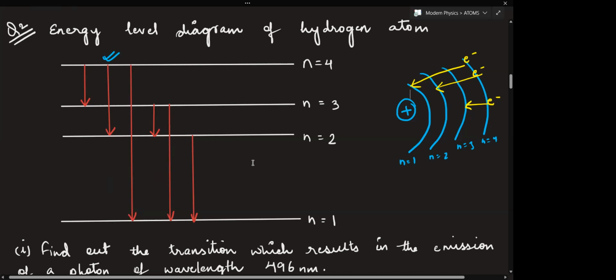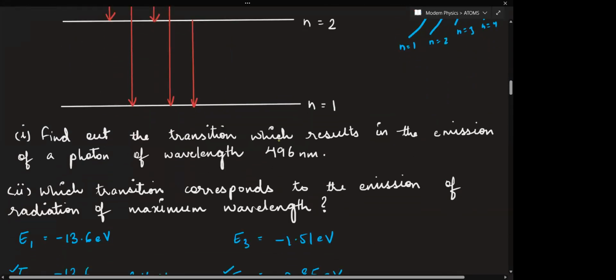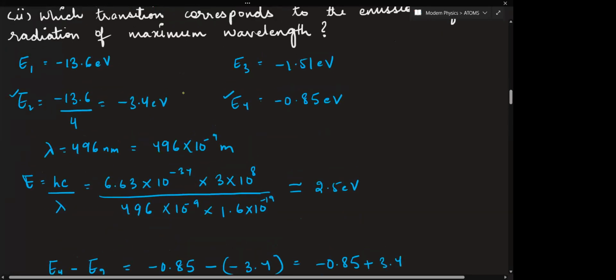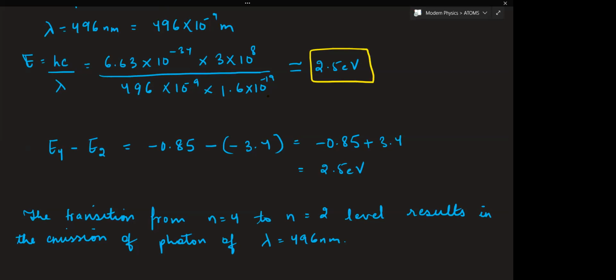Now see, the question asked us which of these will result in the wavelength of 496 nanometers. If I take out the energy for the wavelength of 496 nanometers, I see that the energy for this is coming out to be 2.5 electron volts. So we have to find that transition which results in 2.5 electron volts.